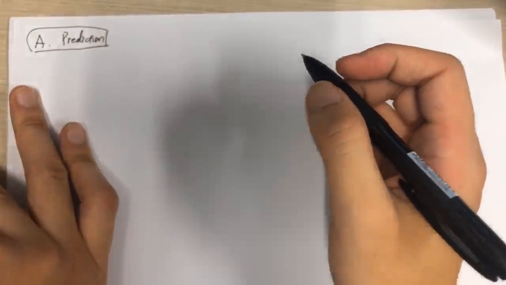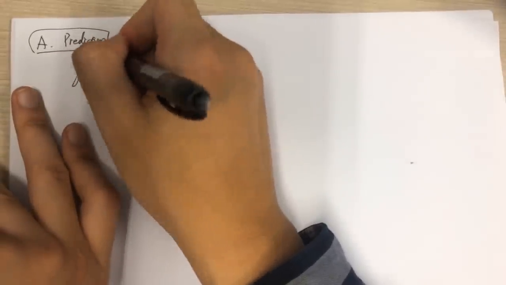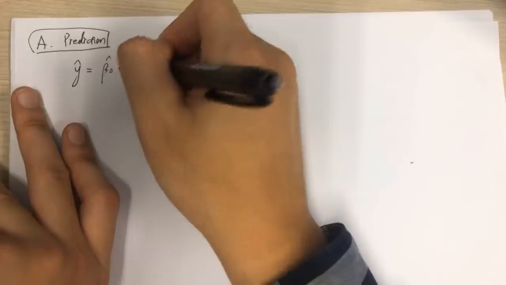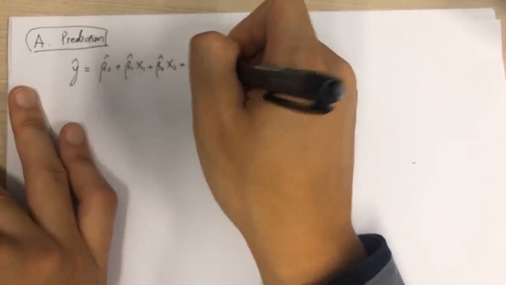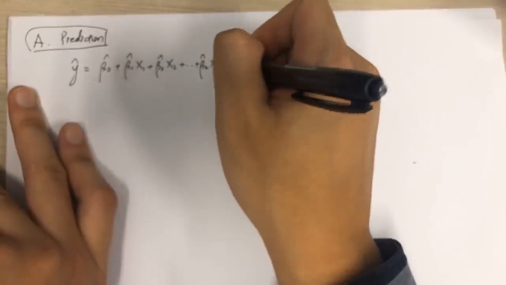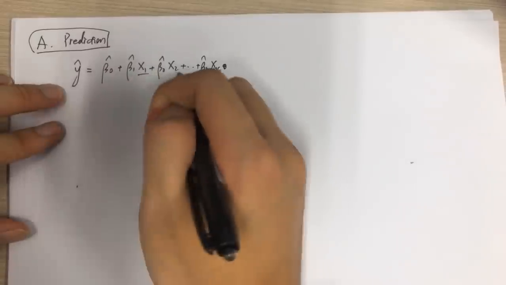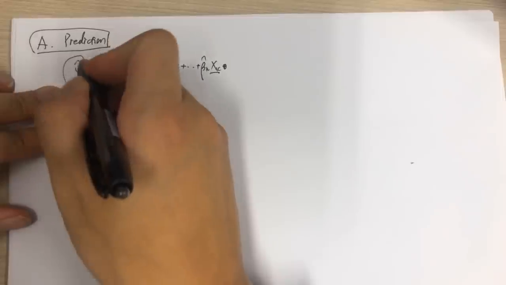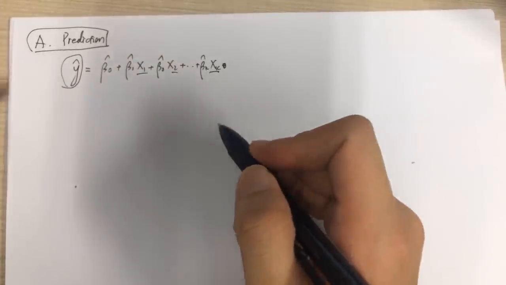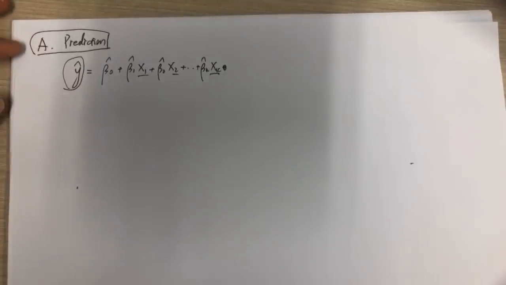In terms of prediction, it is actually very simple because once you got this estimated regression equation, beta 1 hat x1 plus beta 2 hat x2 plus beta k hat xk, no epsilon, right? And once you plug in all those x values, you can calculate the y hat. So the prediction of the linear regression will be very easy.